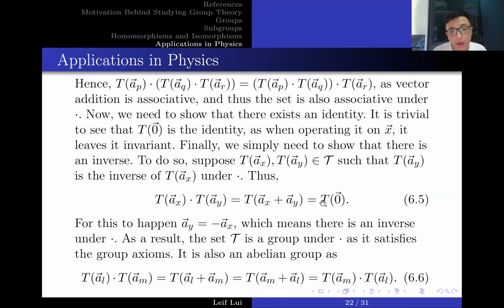This can only happen if a_y is equal to minus a_x, or a_x is equal to minus a_y, and they must be inverses of each other. So since T contains the set of all arbitrary vectors, every single vector in the set should have an inverse. As a result, T is a group under the composition operator as it satisfies the group axioms.